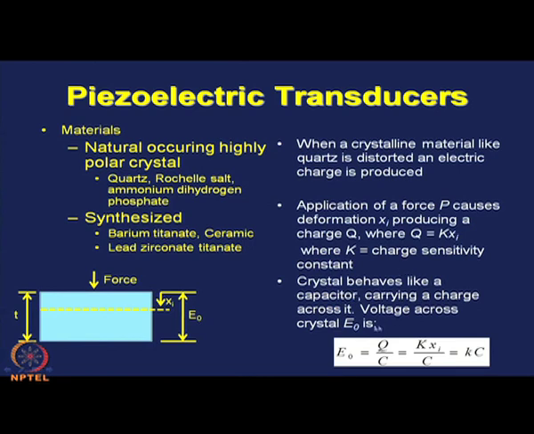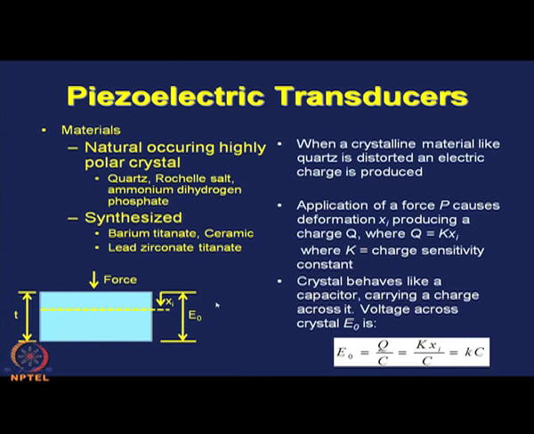The crystal now behaves like a capacitor carrying a charge across it. So, voltage across crystal E0 will be Q by C and Q is K Xi. So, we can write E0 equal to K Xi by C, where K by C can be considered as another constant K. So, E0 equal to K into Xi.